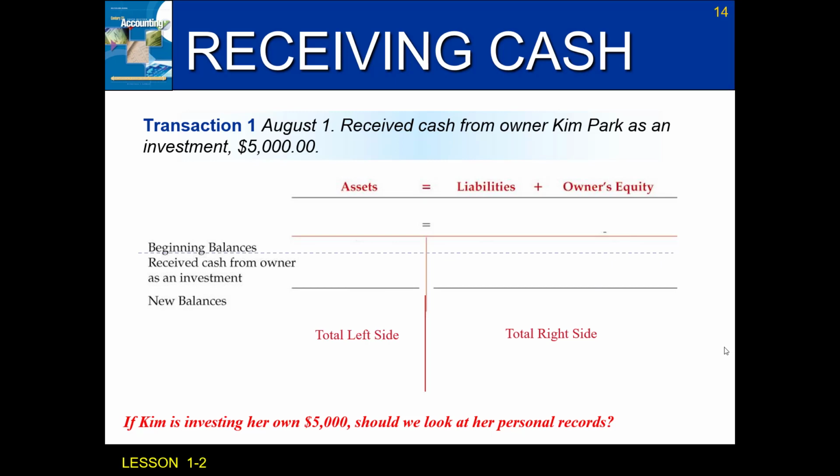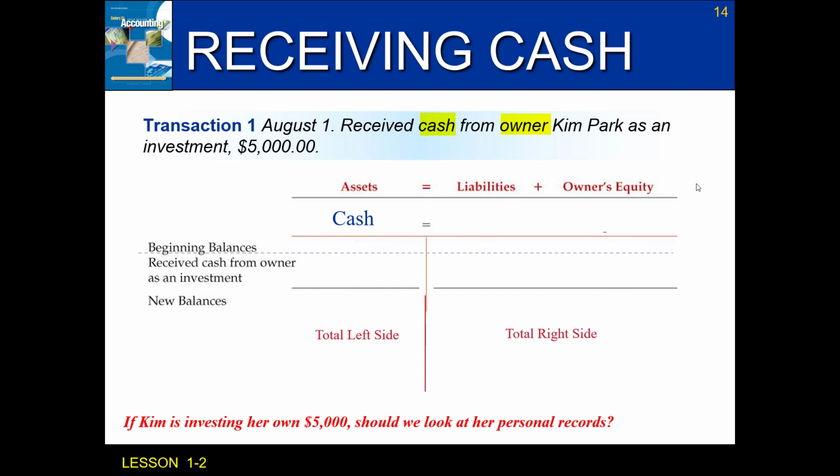So the first keyword I have that I would highlight here is cash, and that's an asset account. So I would write the specific account title down here under assets, and I would say, okay, I have a cash account title. The next keyword I came across was owner. Owner matches up with the specific account title of the name of the owner, comma, capital.